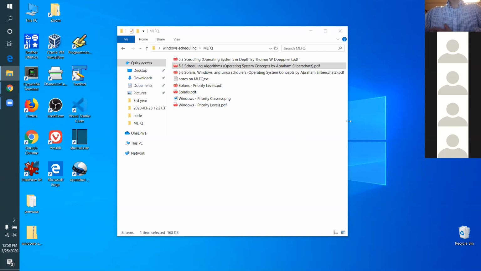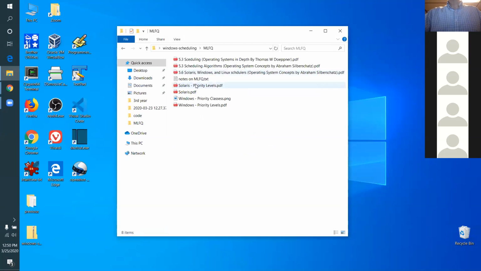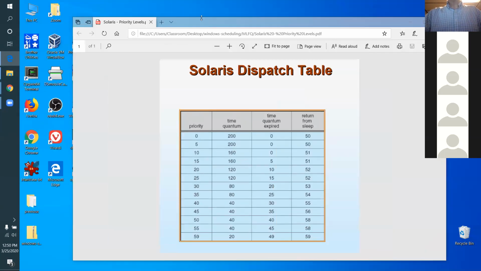All right. So in the Windows scheduling folder, there's a folder on the multi-level feedback queue, and there's some notes in there, and then there's a couple of alternative descriptions of it that I stole from a couple of books. Now here's an interesting one. This is the Solaris operating system. This was before Linux came out.